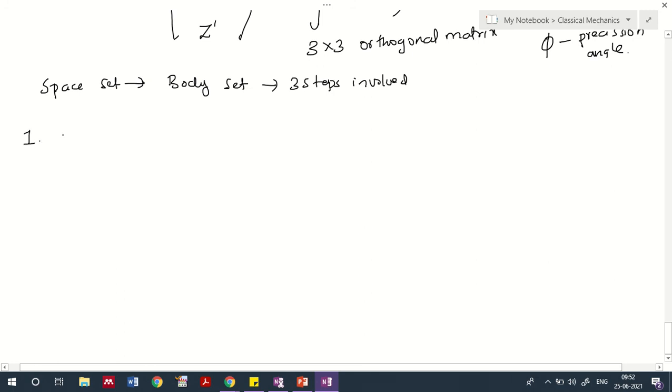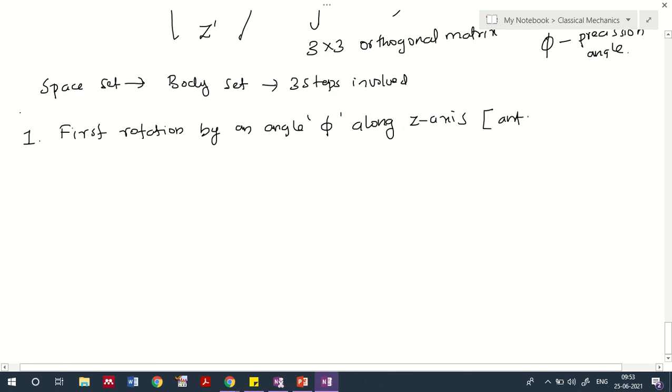The first step is the first rotation by an angle phi along the z axis, and this will be in the anti-clockwise direction.